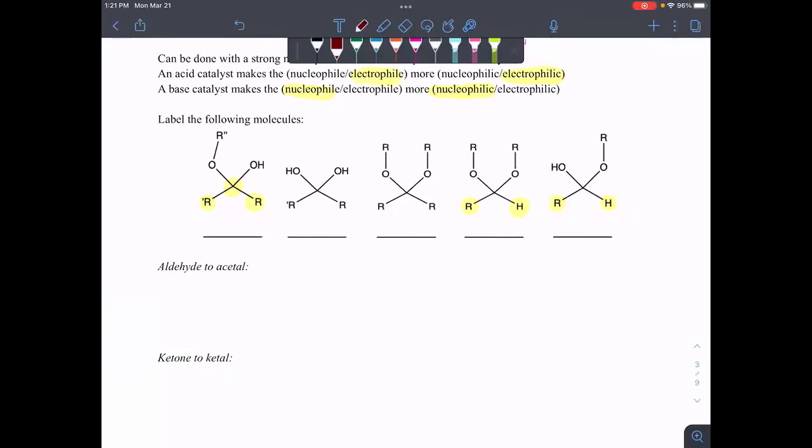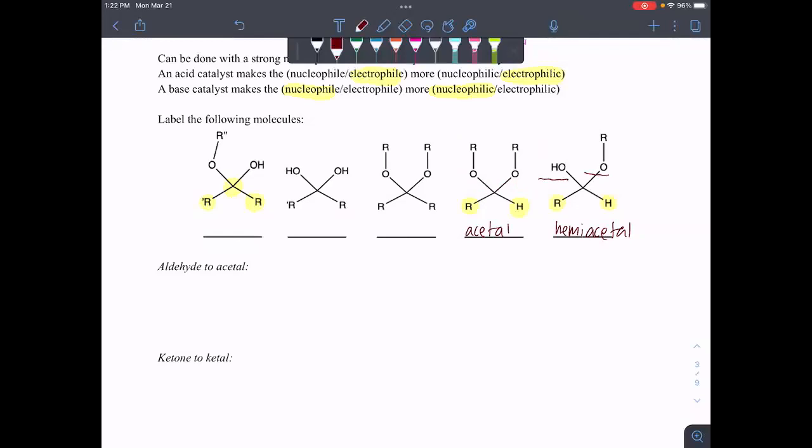Is hemi different? It's hemi. And then if we look left of it, we see that these 2 groups are both OR. So they're both OR, it's just going to be an acetal. So the last one is hemi because it's half alcohol and half ether, but it's half OH, half OR.